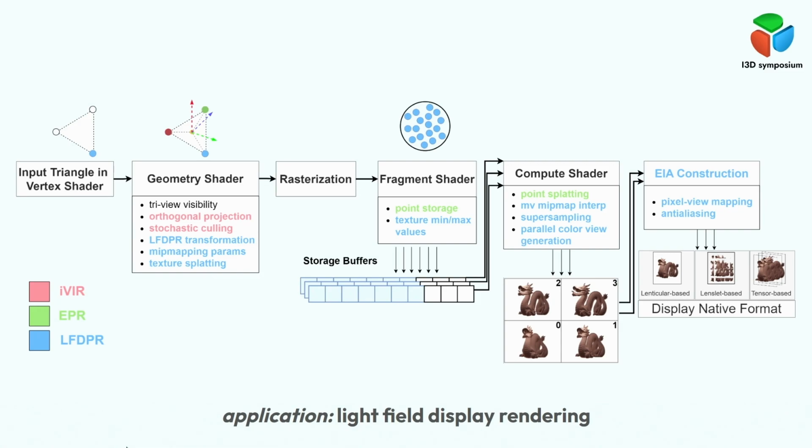At the end here is something I haven't talked about yet. We're making lots of views, but obviously you're not showing them all individually or separately under the lens on the display, and so you have to interweave them in something called an elemental image array, and that's the final post process you see on the far right.